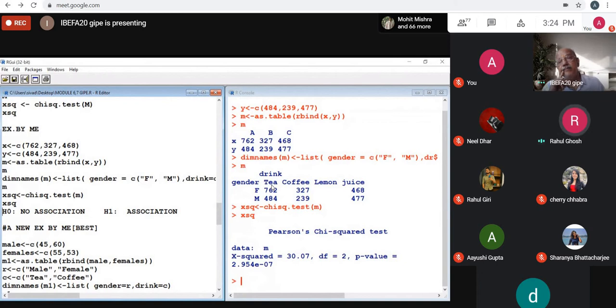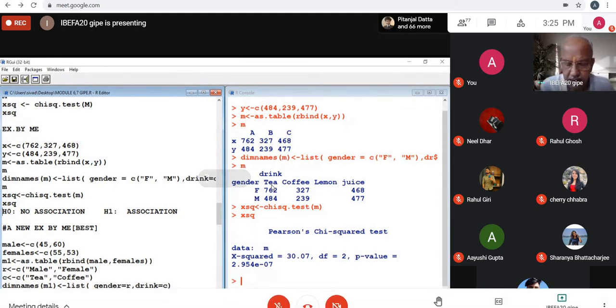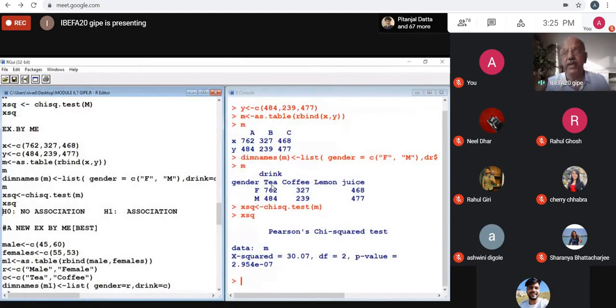A female preferring tea. Which is the least probability? Coffee by male. So probabilities are unequal from category to category with respect to gender. Correct? That is what association is.